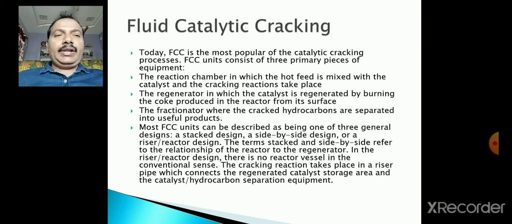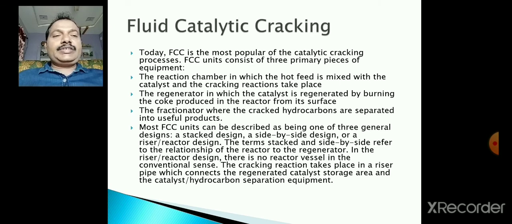From top to bottom it will be at different pressure and temperature conditions, and at different levels it is tapped so that different products are separated and can be derived. So most FCC units can be described as being one of three general designs.